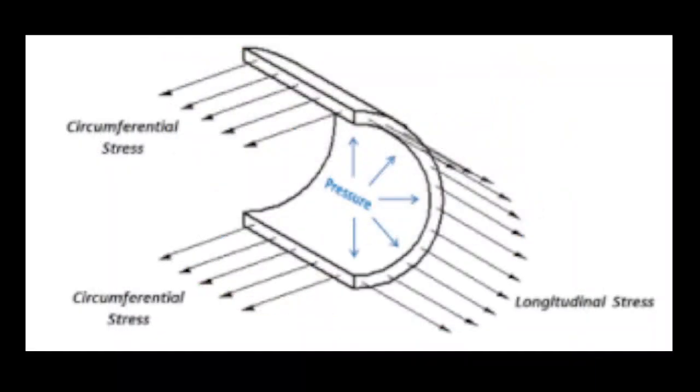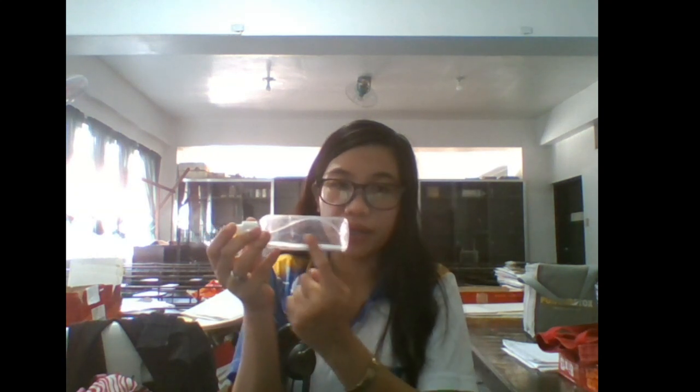From the term itself, class, long, meaning the lengthwise part. So where is the longitudinal? It is the stress felt by this part here, and that is its direction. But the circumferential is the one that goes around it. That is the circumferential, the hoop, while the longitudinal is this one.